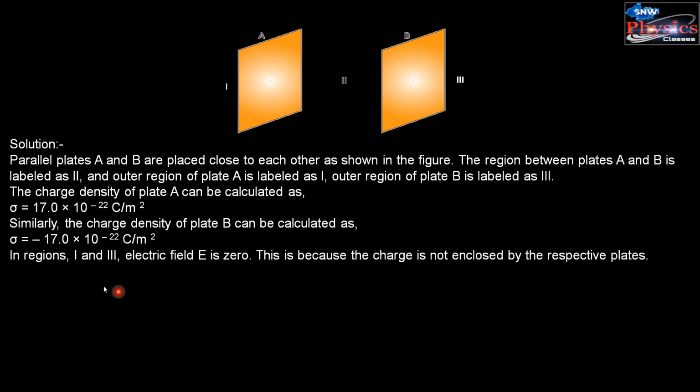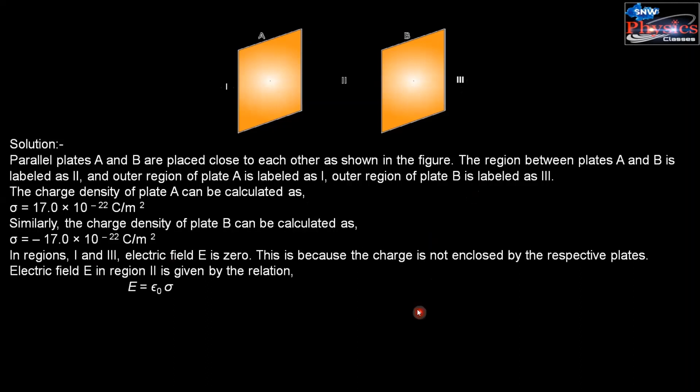Again in region 1 and 3 means ये वाला region और this one. Okay, electric field E is 0 because the charge is not enclosed by the respective plates. ठीक है, plates जो है वो charges को enclose नहीं कर रहे, इसलिए region 1 और region 3 में electric fields होंगे, that is 0.